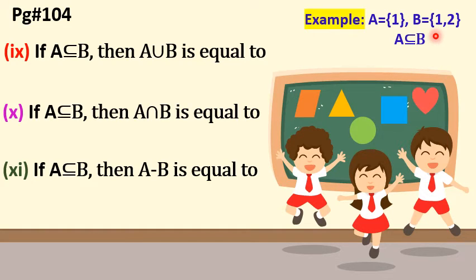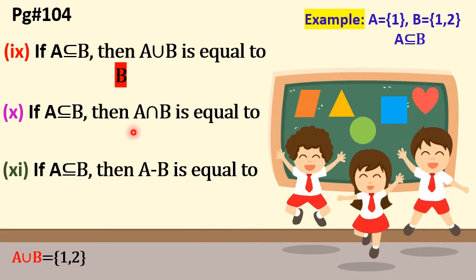Now students, can you tell what is the union of these two sets? When you unite them, you will get {1, 2}. So {1, 2} is equal to which of the sets? It is equal to B.